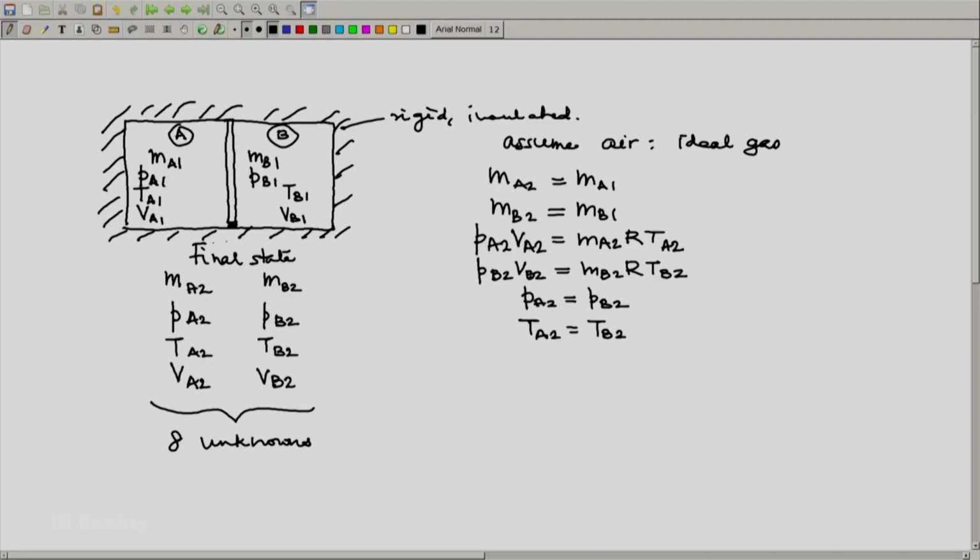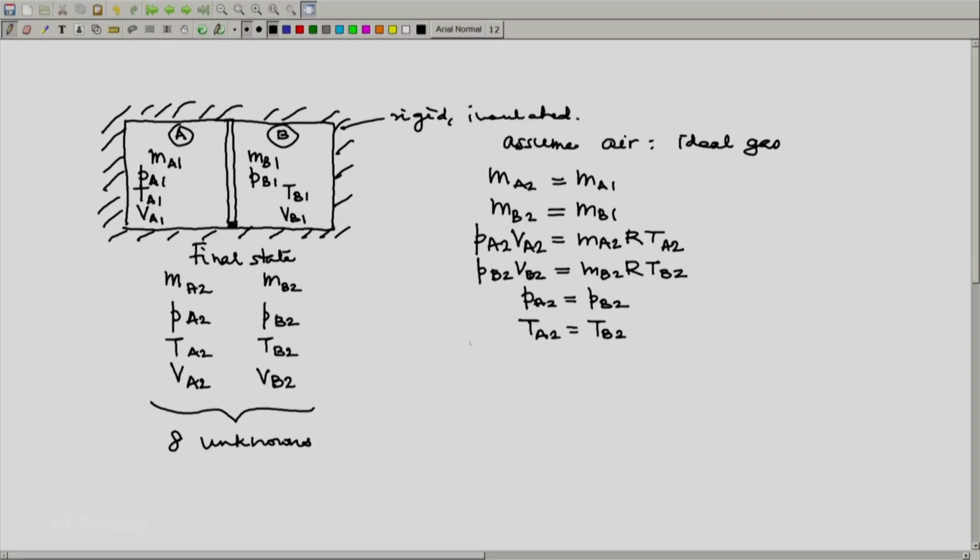One is the full system is rigid. Consequently, the volumes of the individual subsystems may change. VA may undergo a change, VB may undergo a change, but the total volume remains unchanged. So, we will have the final volume of the system equals initial volume of the system.